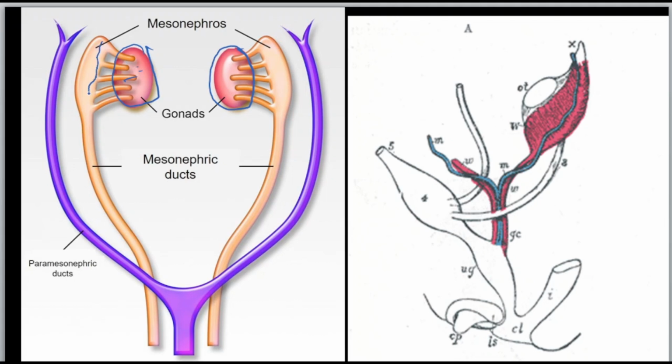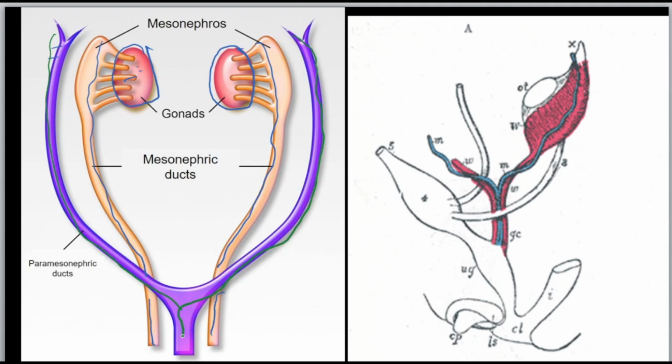This structure is the mesonephric duct. It is not important for development of female genitalia, but this structure is known as the paramesonephric duct.